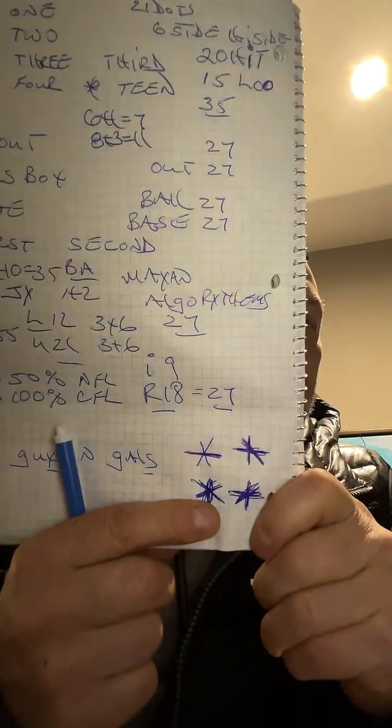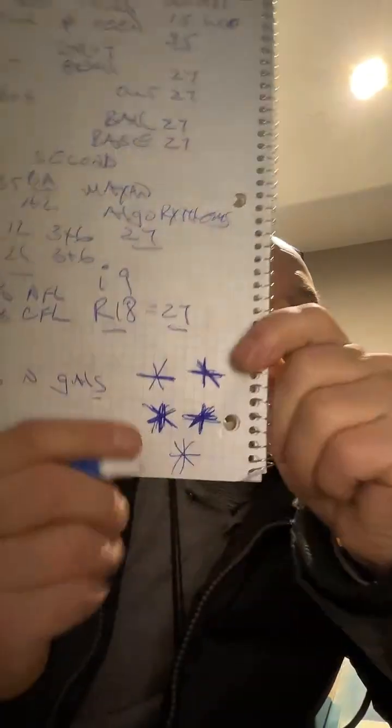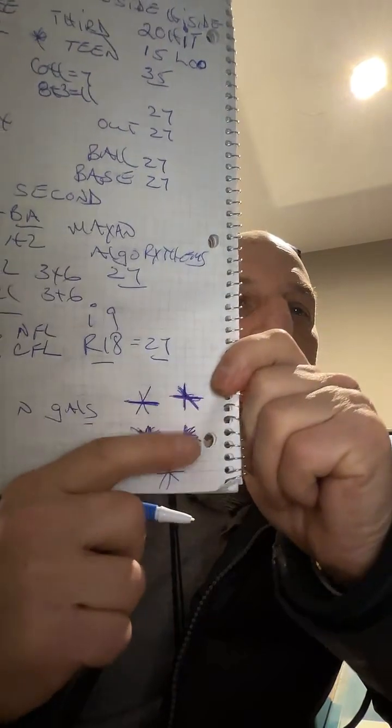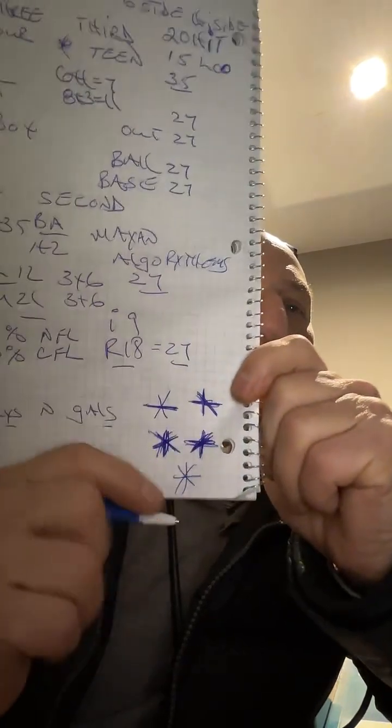There's 4 stars, and it all comes from this star. Just take away any one of these lines and you end up in one of these. So it's 4 to 1.